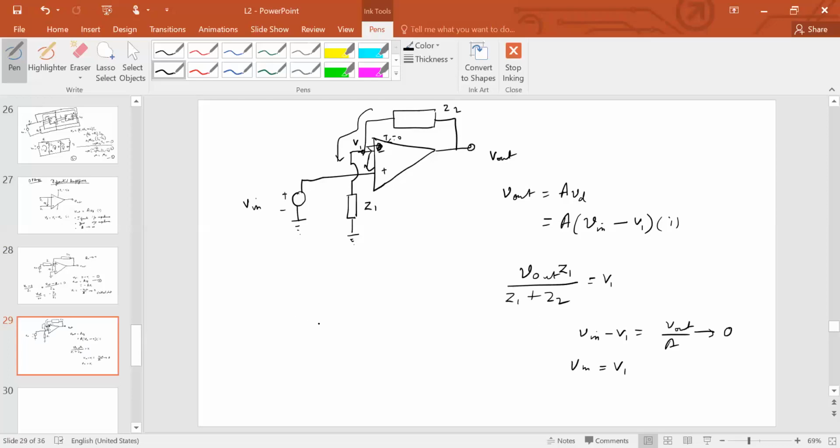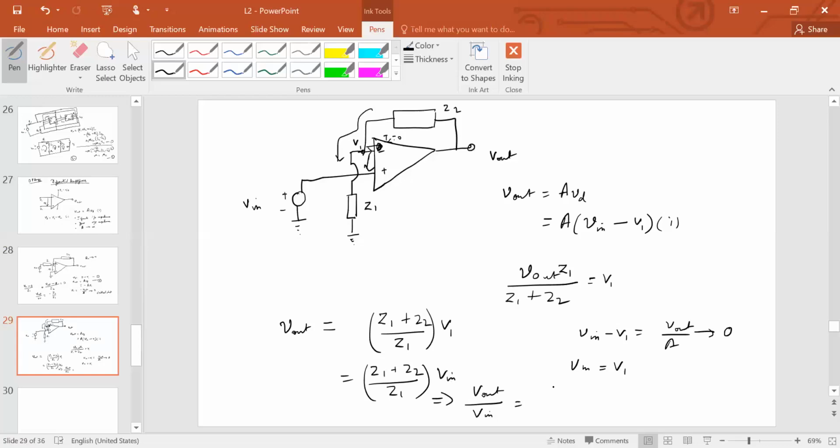Having come across this, then what is V out? V out is nothing but given by Z1 plus Z2 upon Z1 into V1, which is equal to Z1 plus Z2 upon Z1 into V in, which then implies that V out over V in, the transfer function, is going to be Z1 plus Z2 upon Z1, or 1 plus Z2 upon Z1.